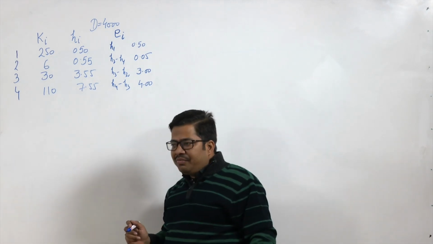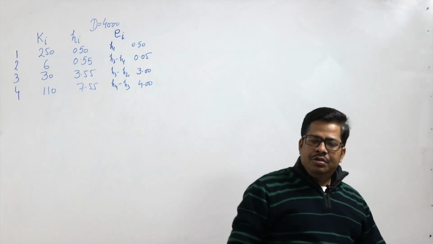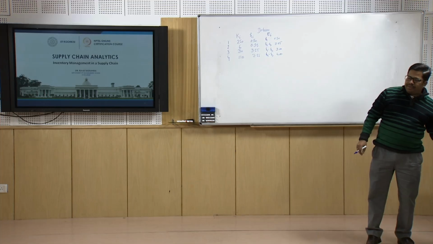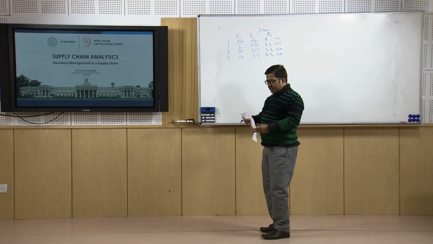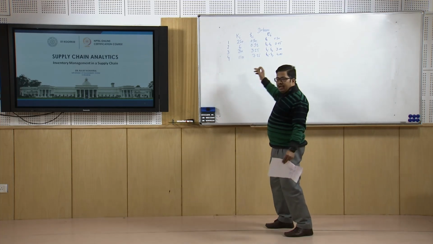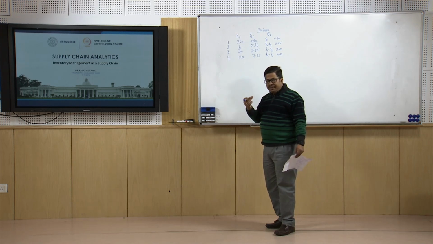So, these are the echelon holding costs, and now using the concept of echelon holding cost and the setup cost, we will have the formula for calculating the variable cost of inventory at each stage.